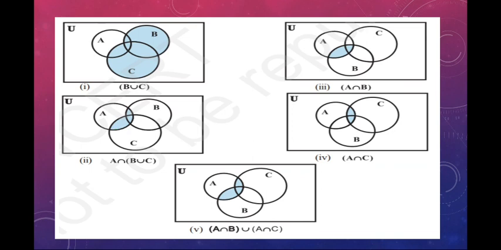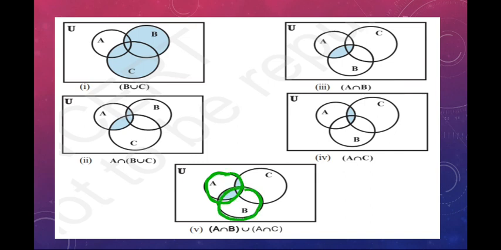Okay, clear? Now for the fourth diagram, as you can see, this blue shaded portion is the common part of A and C. That's why it is the representation of A intersection C. And the fifth one is the representation of (A intersection B) union (A intersection C). Why? Again, first of all, do A intersection B. This is A set, this is B set.